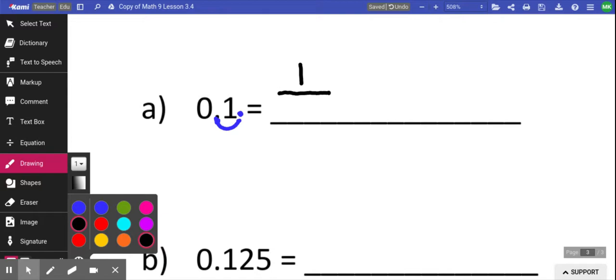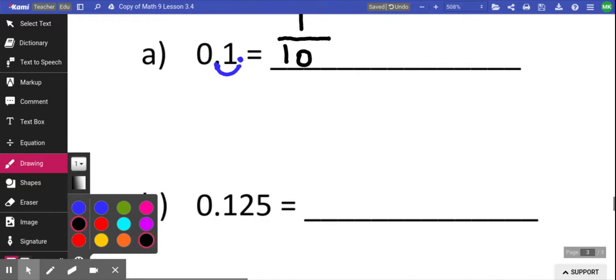However many times I moved it to the right is how many zeros I need to put on the bottom. So for instance, I only moved it once to the right, so it's 10. Make sense? Kind of weird? Okay, the next one's a little better example.